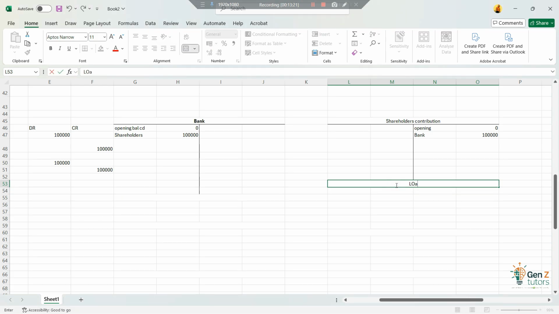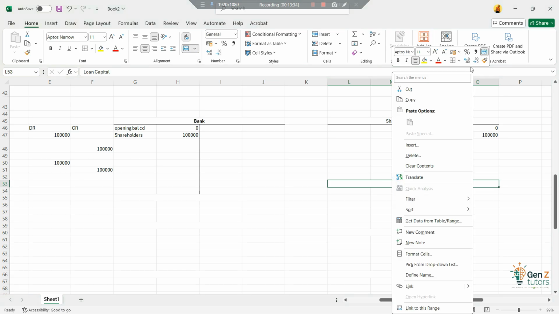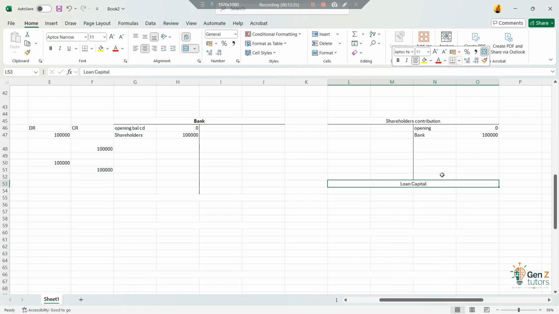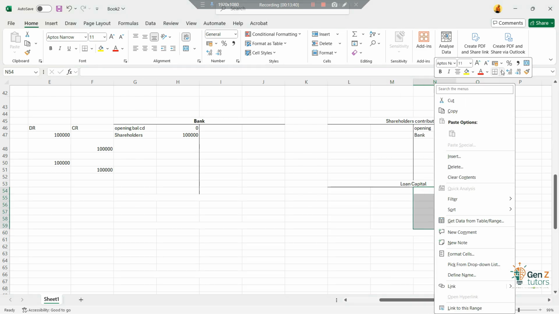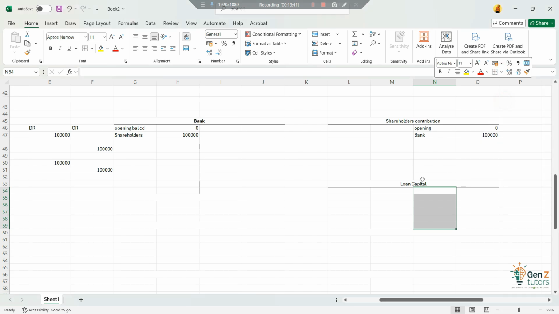Have loan capital over here. Then by having loan capital, what else do we have? Let's just prepare this quickly. Then from having loan capital, it's gonna be what?